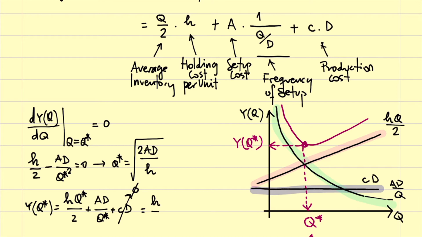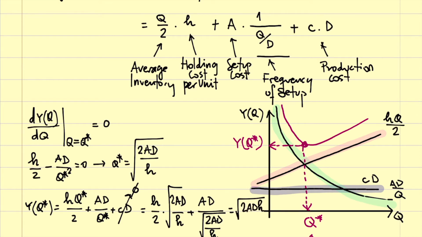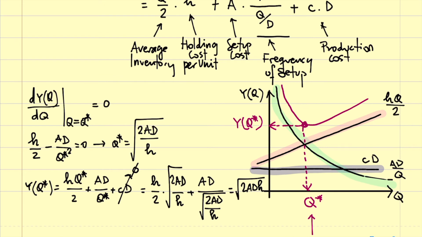We get H divided by 2 times 2AD divided by H plus AD divided by 2AD divided by H, and this equals the square root of 2ADH. Okay, and these are the two results that we were looking for in the beginning.